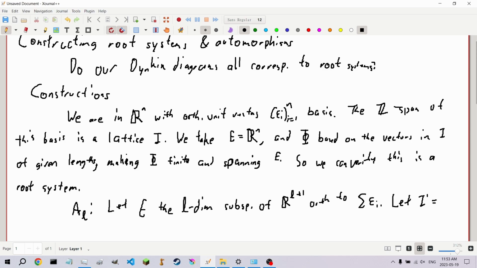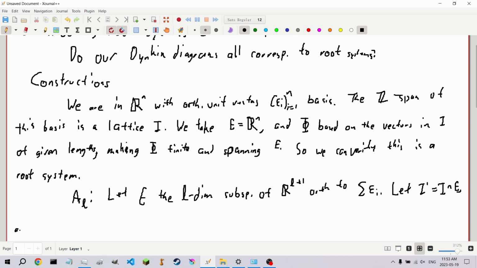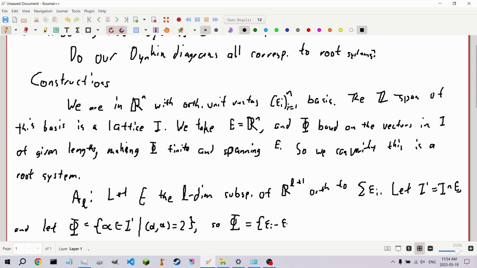Let I prime be the intersection of I and E. And let phi be the set of alpha in I prime such that the form of alpha with itself is equal to 2. So that is alternatively equal to the set of differences of distinct basis vectors.